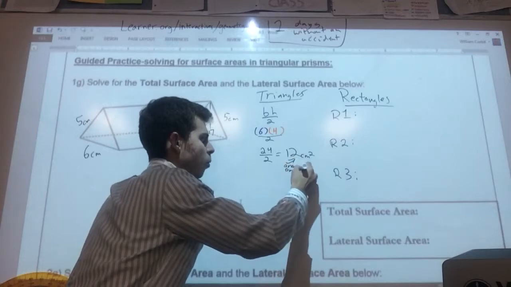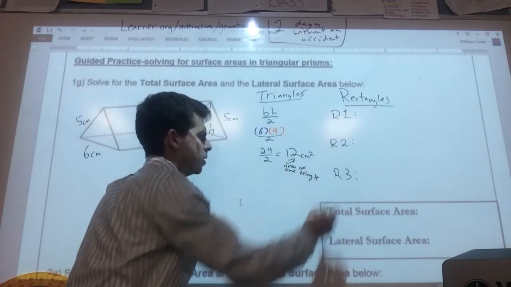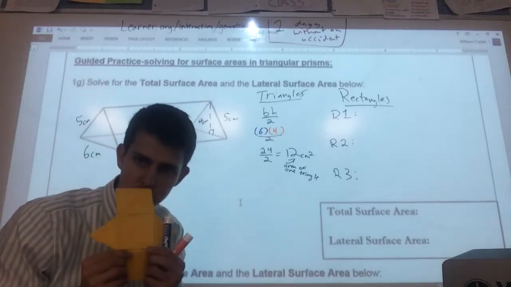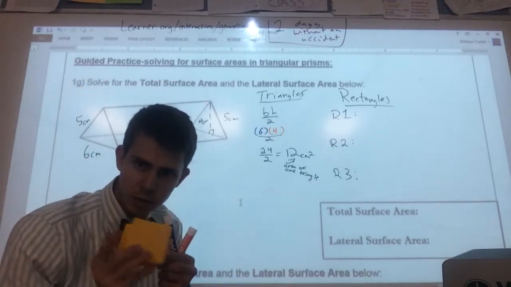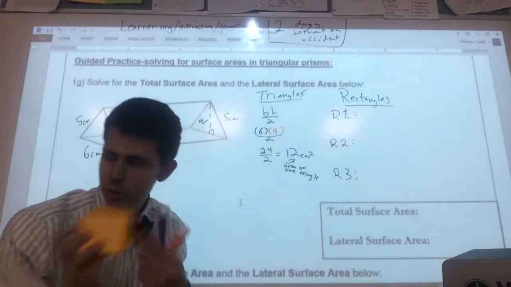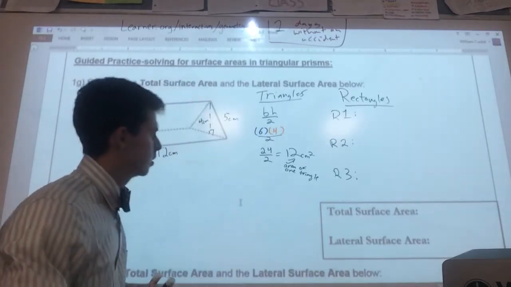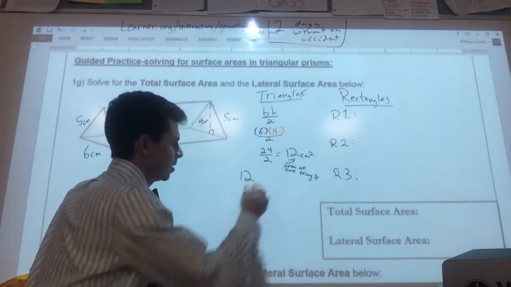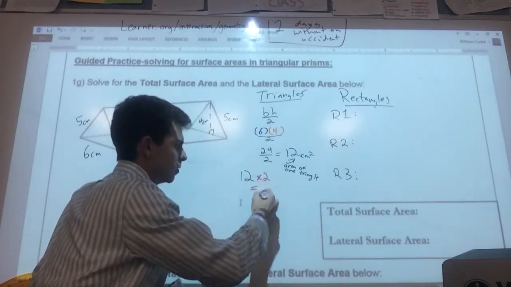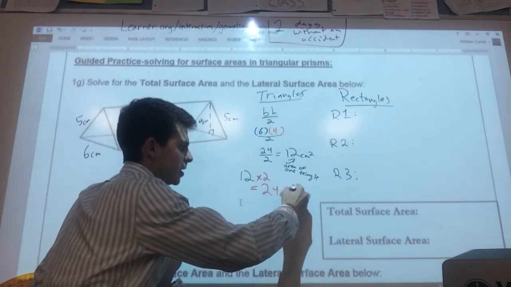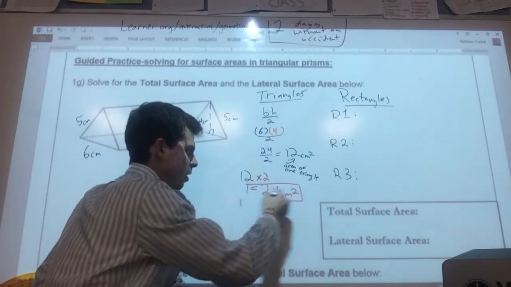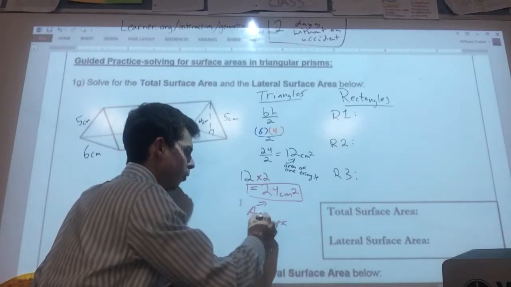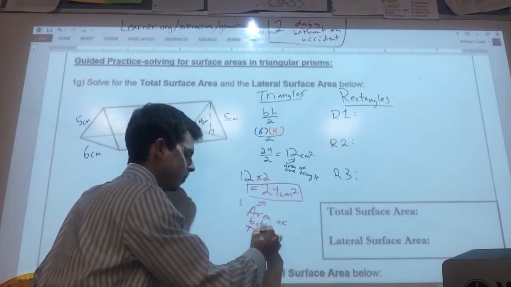So this right here is the area of one triangle. Now I've got 2 equal triangles, just like in this prism here. I've got 2 equal triangles, even when I fold it up. So we'll do 12, and then we're going to multiply it by 2, which gives me 24 centimeters squared. And this right here is the area of both triangles.